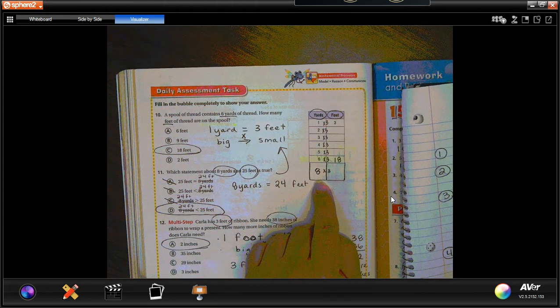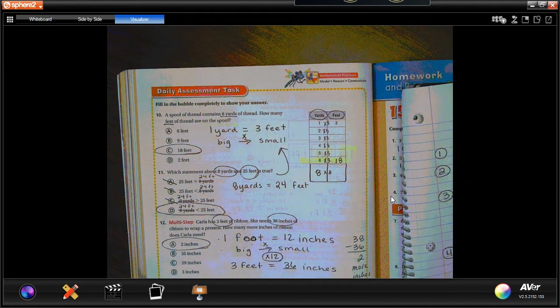If we have 8 yards and we multiply that by using that rule times 3, we found that that was equal to those 24 feet right there.